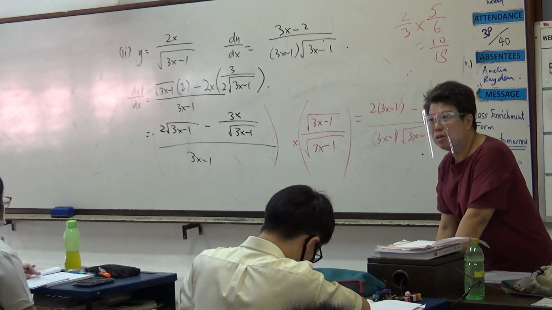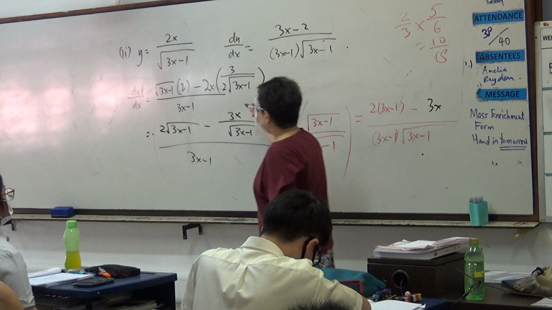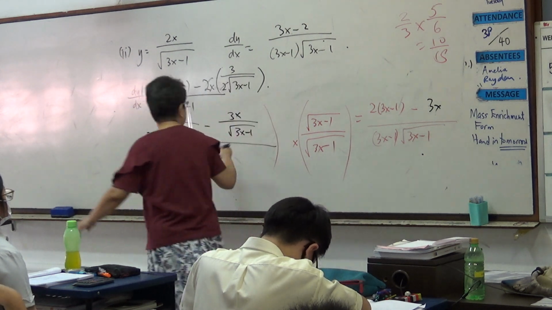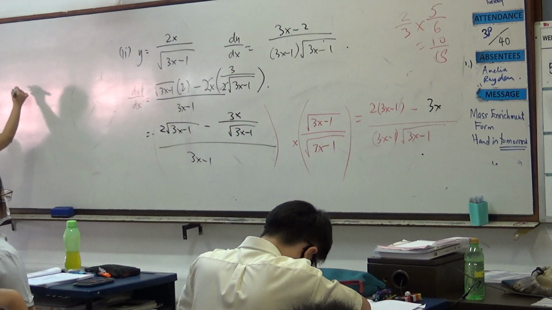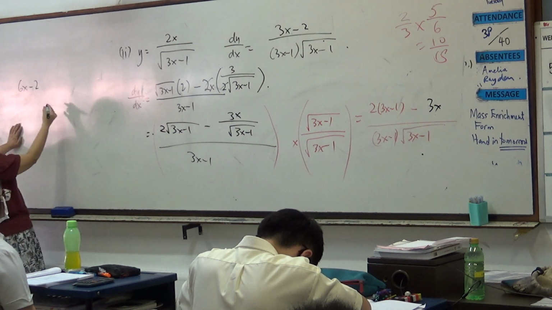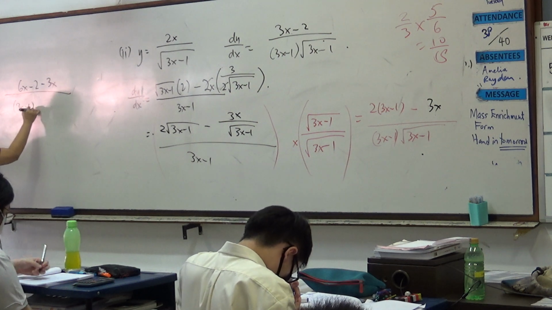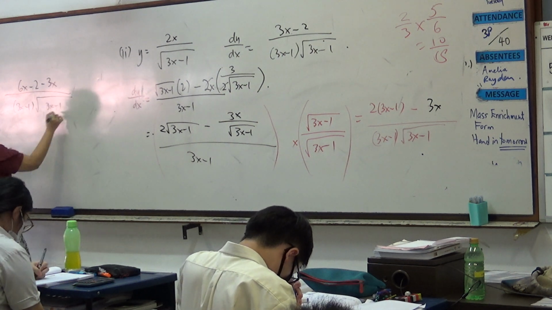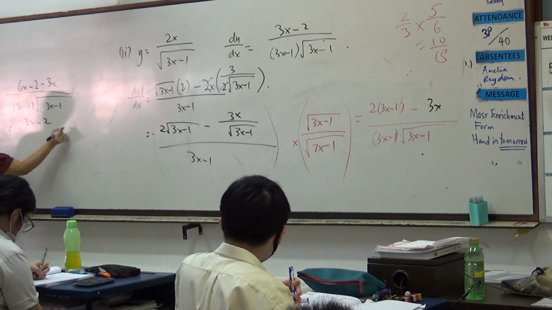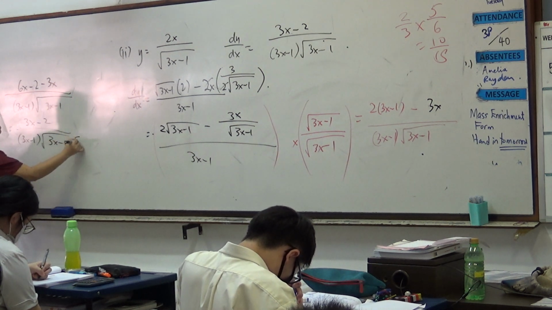My mistake, can you see or not just now? Hey, did you all find my mistake or not? Okay? Because when I cancel this, right, it's 3x. So now I'm going to expand that: 6x minus 2 minus 3x over. Now, can you see that? Can you see that it's shown?